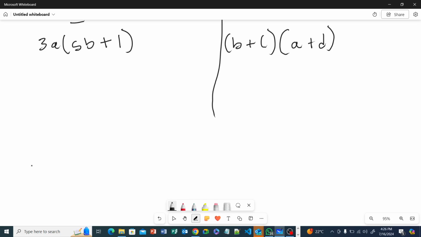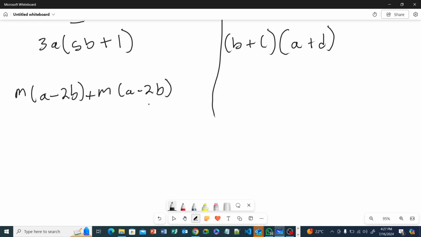Now let's say you have m into (a minus 2b), then you have positive m into (a minus 2b). So what do you do in this case?